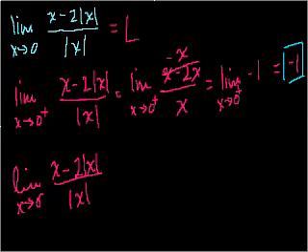Okay, now let's take this case down here when we're approaching from the negative side. So how can we think about this? What is the absolute value of x if x is a negative number? Well, the absolute value of x, if x is a negative number, is going to be the negative of x, right? Think of it this way. If x is negative 1, when we take the absolute value of x, we're essentially just multiplying x times negative 1 again.